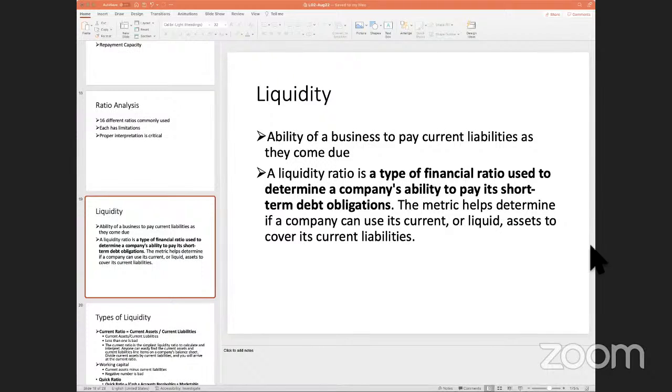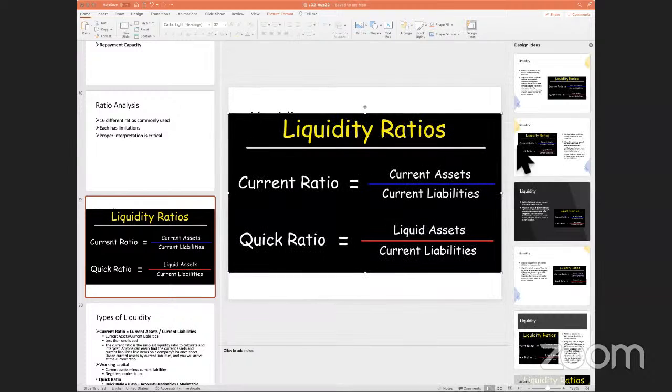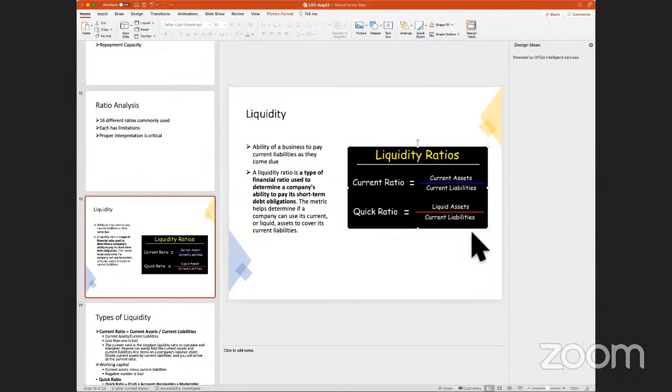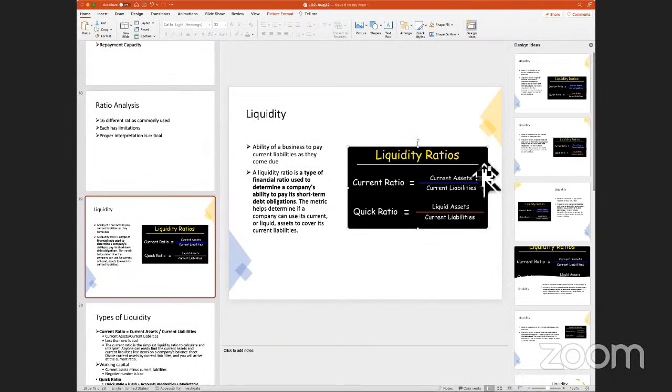And this tends to be generally by the use of a formula, which basically is either the current ratio or quick ratio, because there are different types. And this would be calculated using formulas. So if I look at this particular formula, obviously, when a company's liquidity has to be calculated, or the ability to pay its short-term debt commitments, you would look at liquidity ratios.